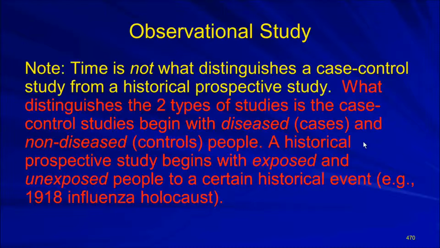Okay, I want to talk about an observational study. Again, I want to make this point. Time is not what distinguishes a case control from a historical prospective study. What is it? What distinguishes the two types?